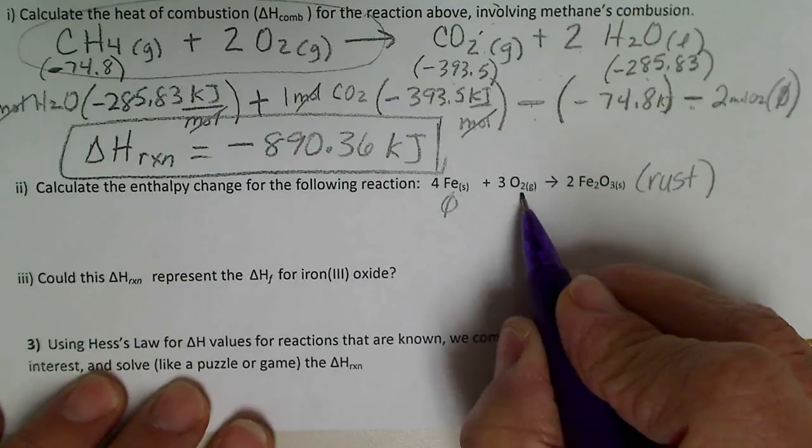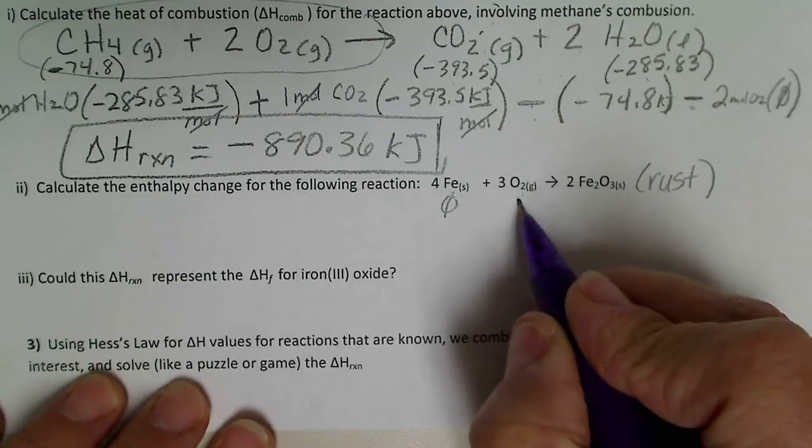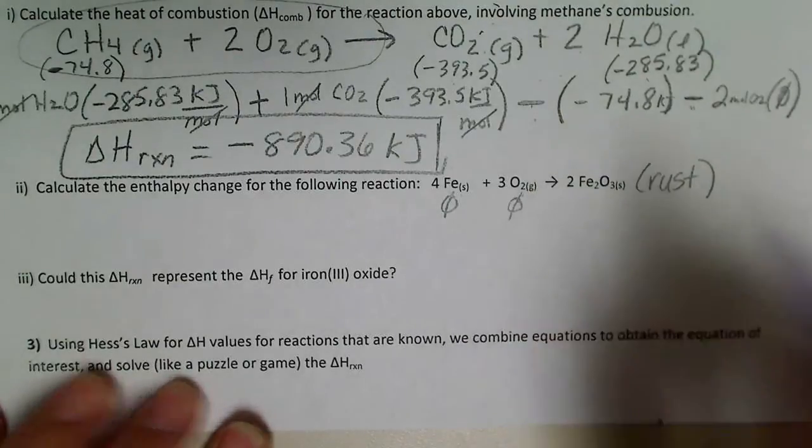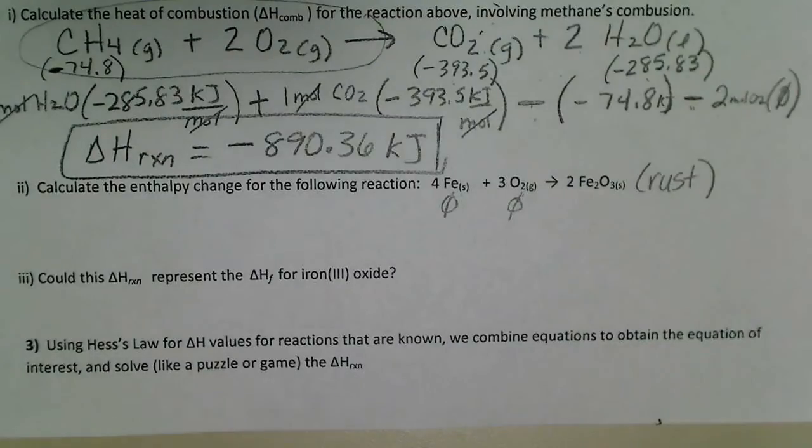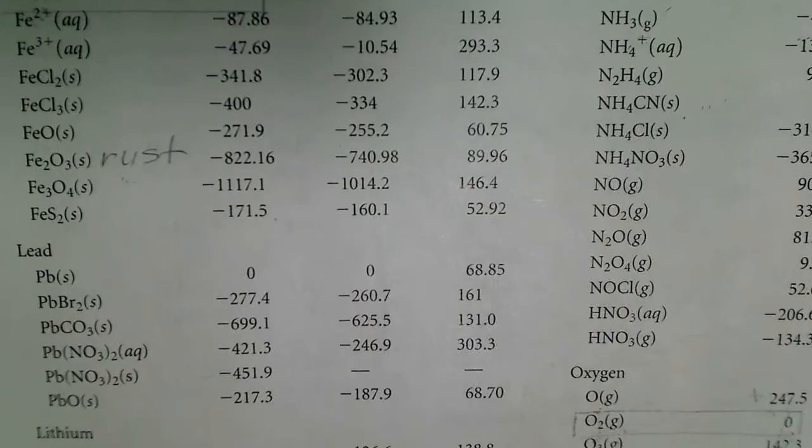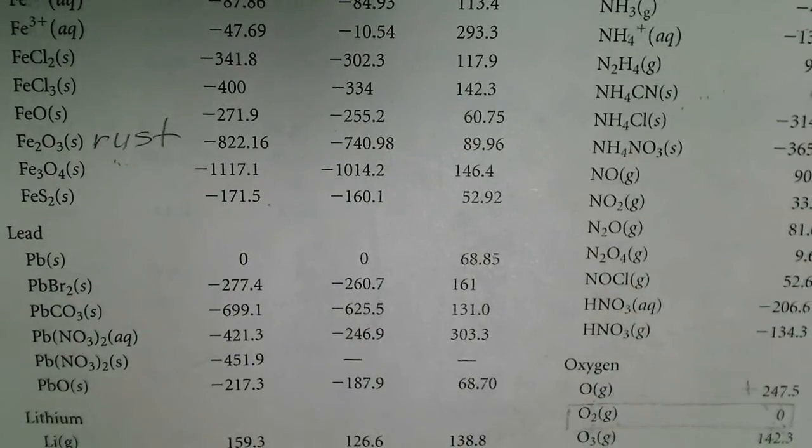And we saw the delta H value for oxygen, that is also 0. And the value for Fe2O3 in the solid state is right here, and that's not going to focus very well. Keep adjusting this. There we go.